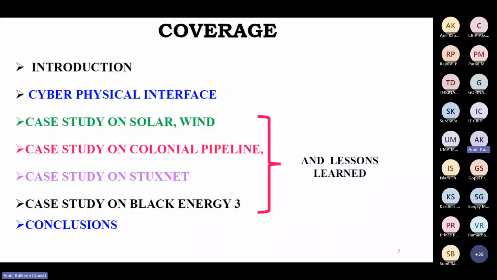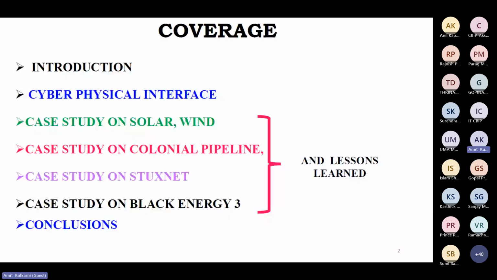Later on, we'll take on the case studies. The first one is related to the RE sources, wind, solar, etc., which happened recently across the globe. Then we'll focus on another infrastructure which was targeted by intruders.